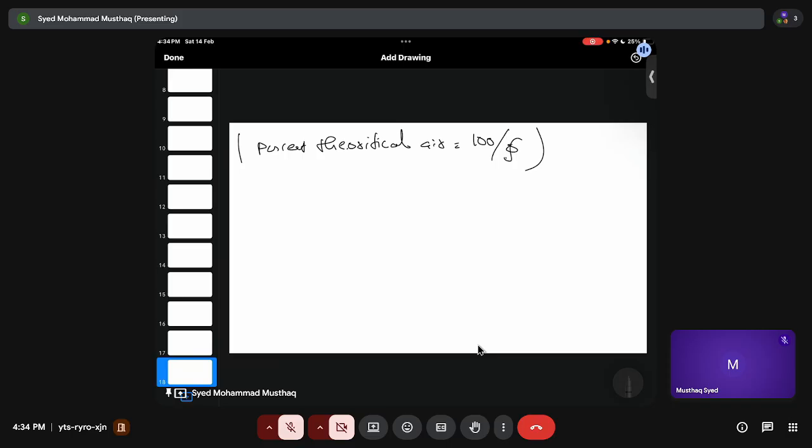Now if you want to know what is the excess air, let's say I have supplied more air than required. Okay, so if you know the air to fuel ratios, let's say my air to fuel ratio for actual is AFR actual. Then AFR actual minus AFR stoichiometric divided by AFR stoichiometric into 100, if I am talking about percent.